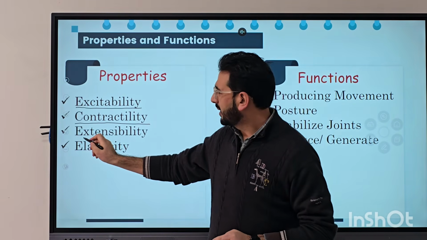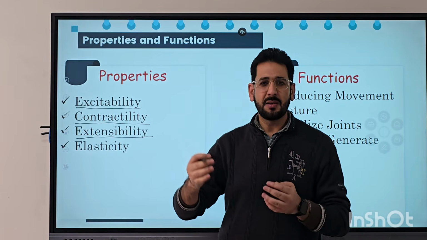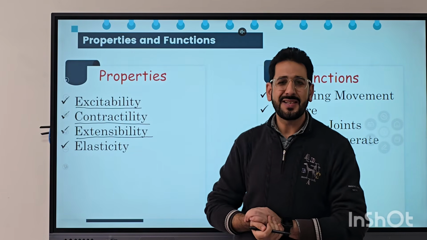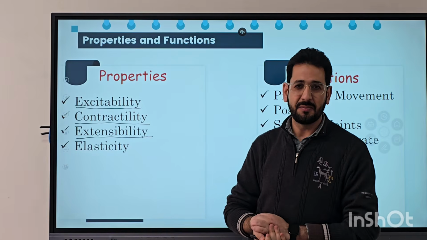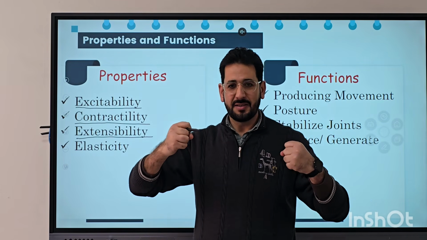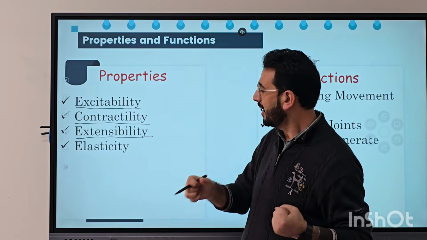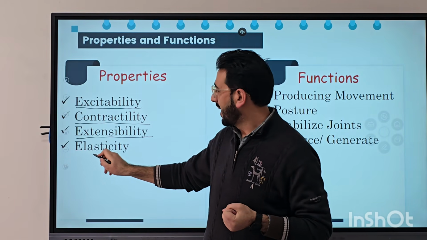Then we have the extensibility. It is the stretching of the muscle beyond the normal resting length of the skeletal muscle. So the skeletal muscle can get stretched; that is extensibility, or stretchability. And the last property is elasticity.